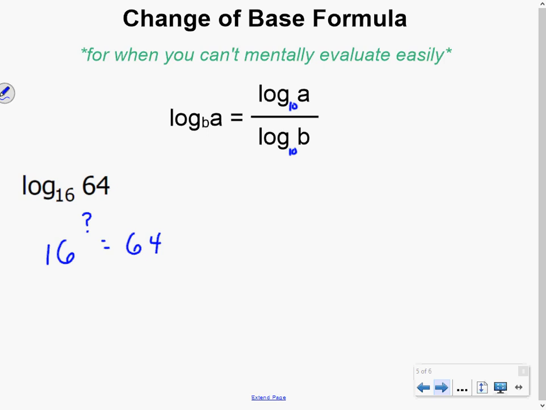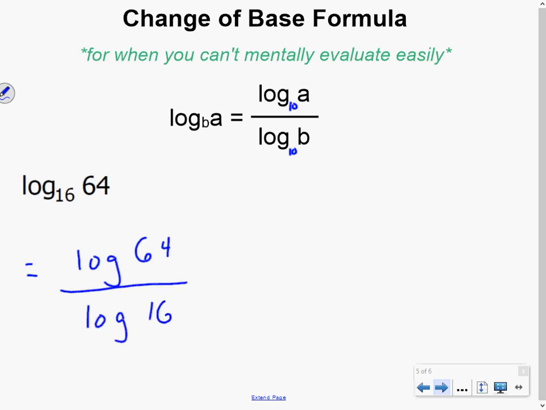So the change of base formula can be used for this example down here. Since I don't know what power 16 is raised to, I'm going to use my change of base formula to figure it out. So I am going to do log base 10, I'm not going to write the base 10, of 64 divided by log base 10 of 16.